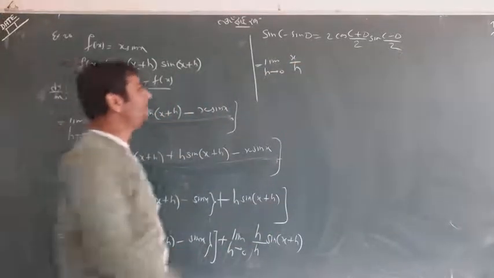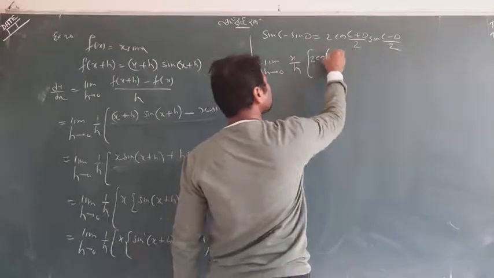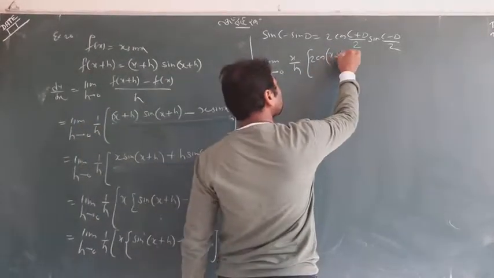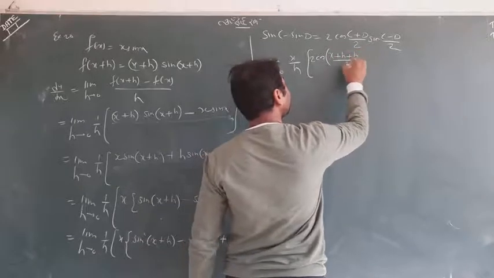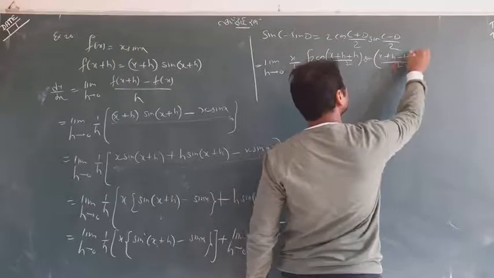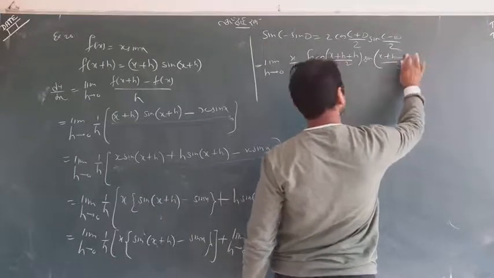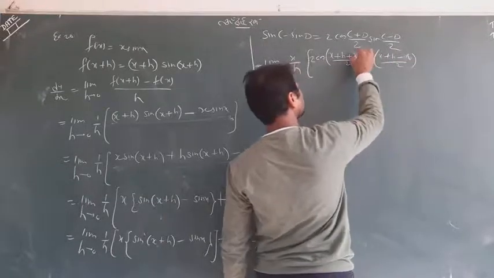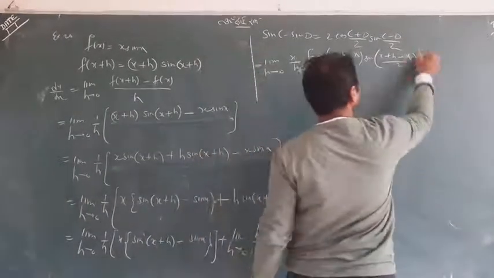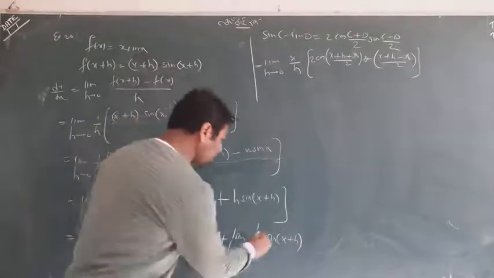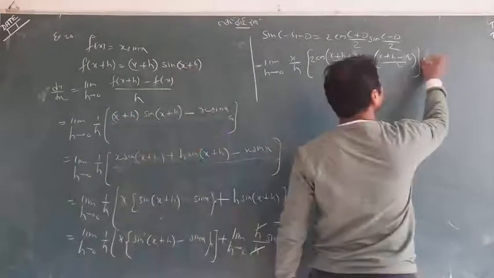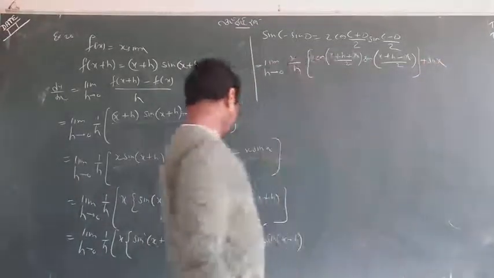Use sin c minus sin d is 2 cos c plus d by 2, c meaning x plus h, d meaning x, by 2 sin c minus d, meaning x plus h minus x, by 2. And this term will be h and h cancel. Put h tends to 0 here. So sin x is remaining, plus sin x. So this term is sin x.